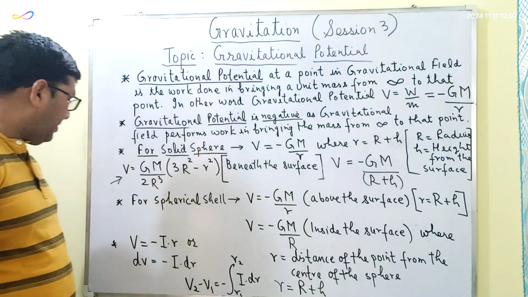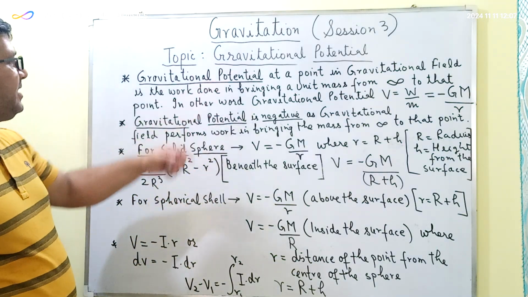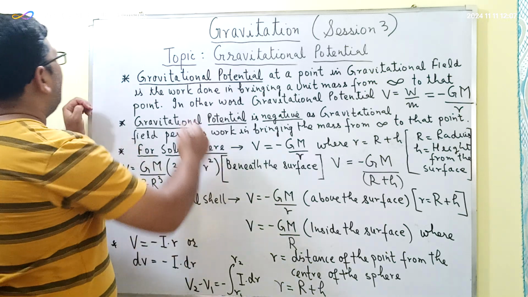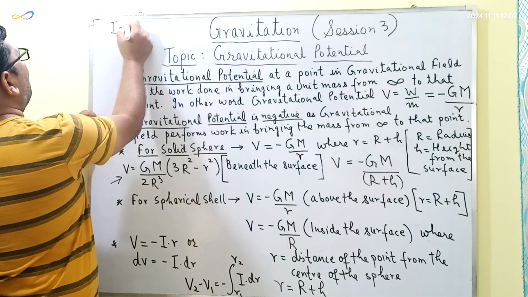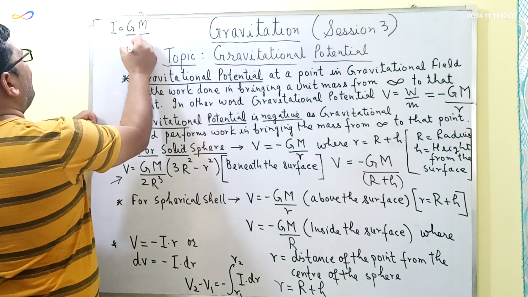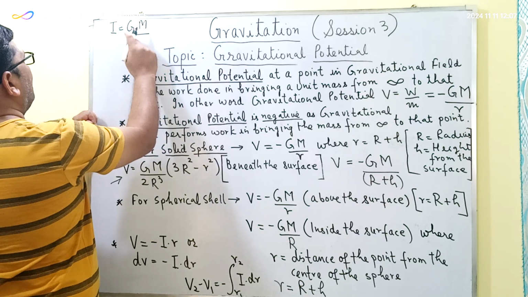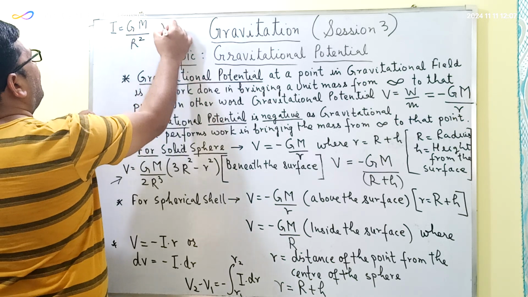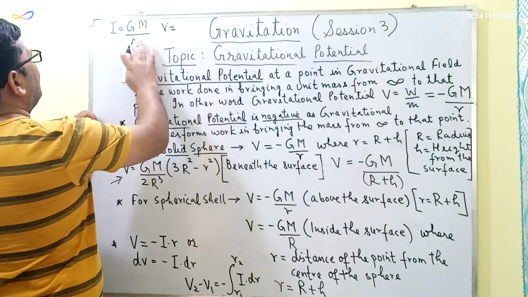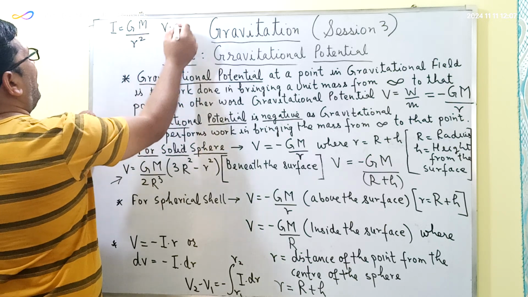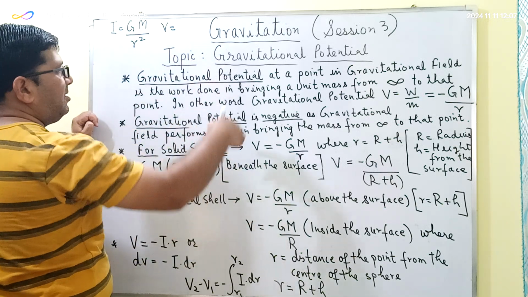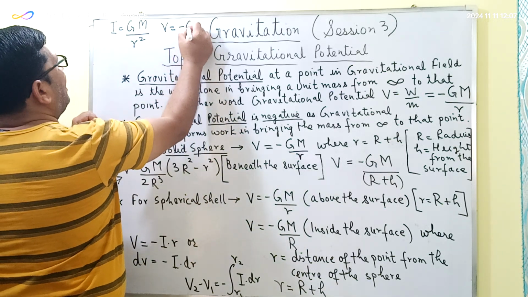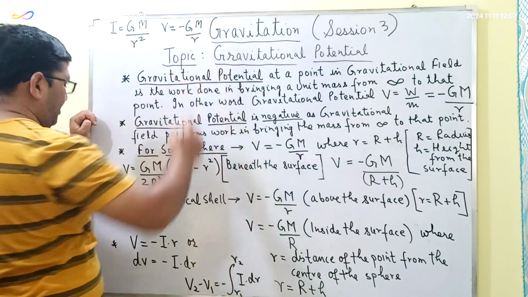Now, there is one important relation between the gravitational potential and the gravitational field intensity. Now, the gravitational field intensity I is equal to GM by r square, and the gravitational potential, as we have seen, is equal to minus GM by r.